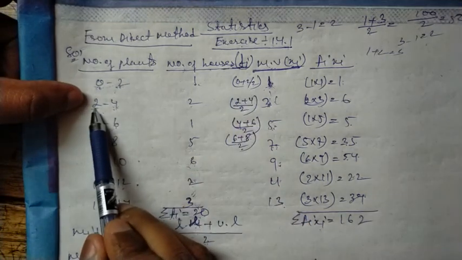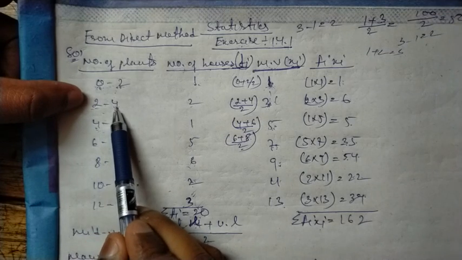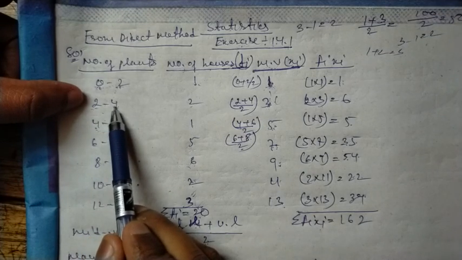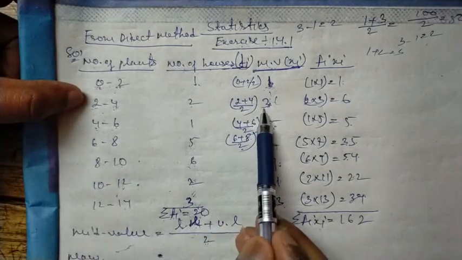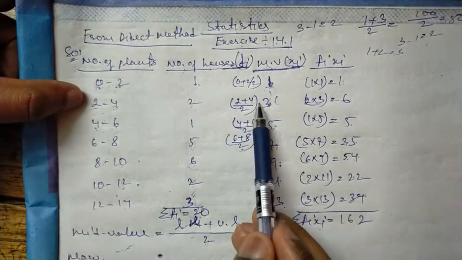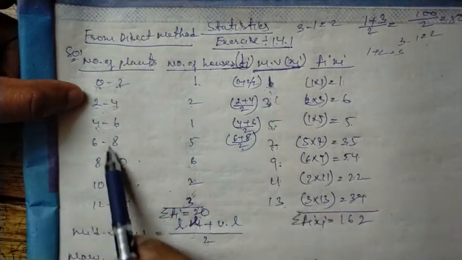Then again, lower limit 2 plus upper limit 4 is 6, divided by 2 is 3. In this way you can find the mid value.